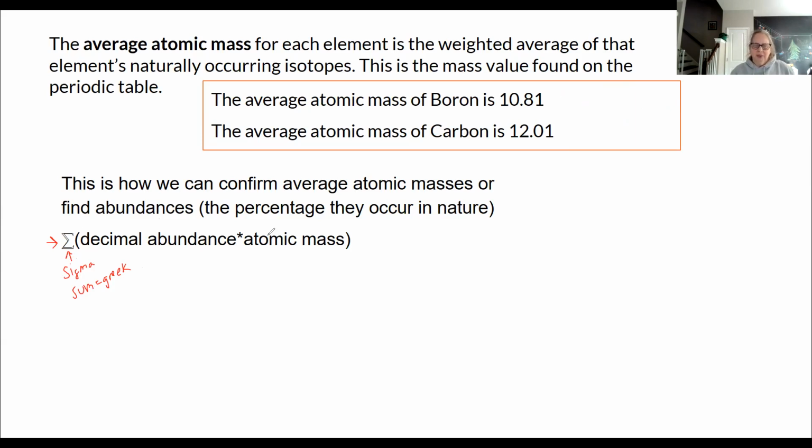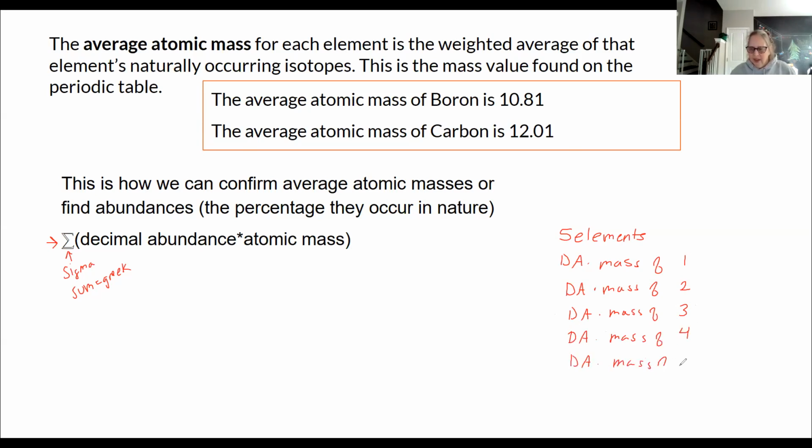So if you've never done that before, if I have 5 isotopes, then I would take the decimal abundance times the mass of isotope 1, and then I'd take the decimal abundance times the mass of isotope 2, decimal abundance times the mass of isotope 3, decimal abundance times the mass of isotope 4, decimal abundance times the mass of isotope 5, and then I would add it up to get the average atomic mass.